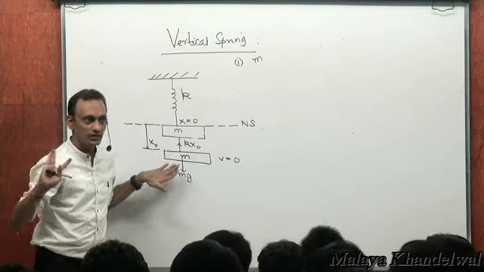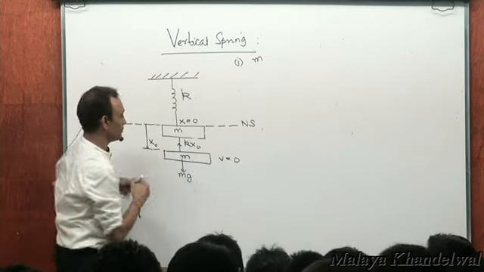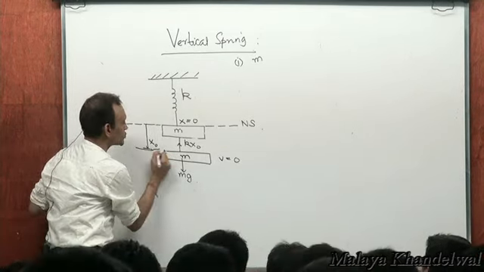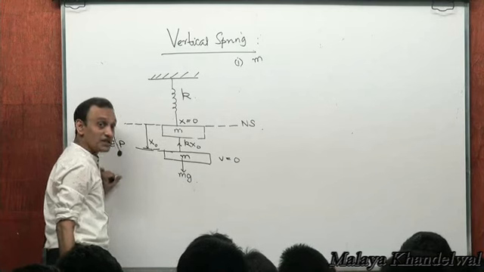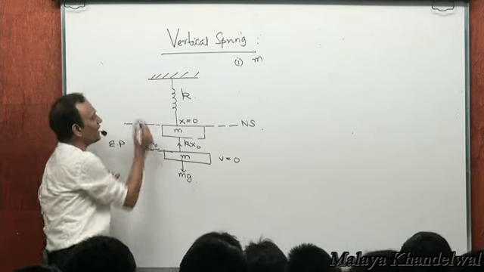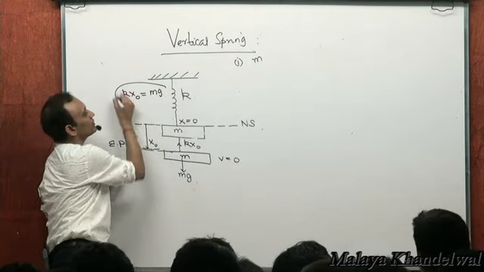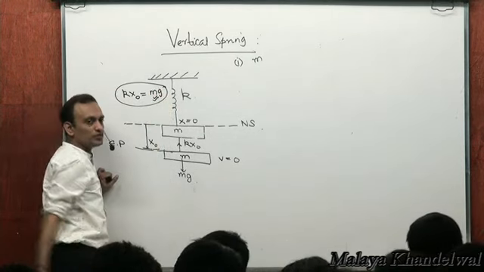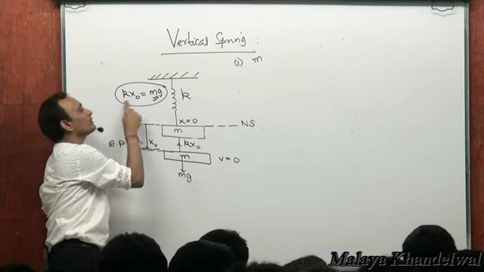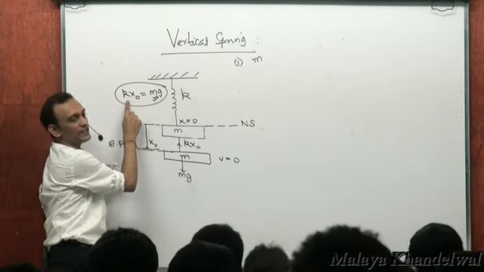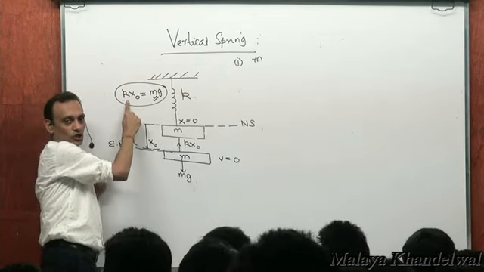So this is an equilibrium position for the mass m, where kx naught has balanced mg, the weight.